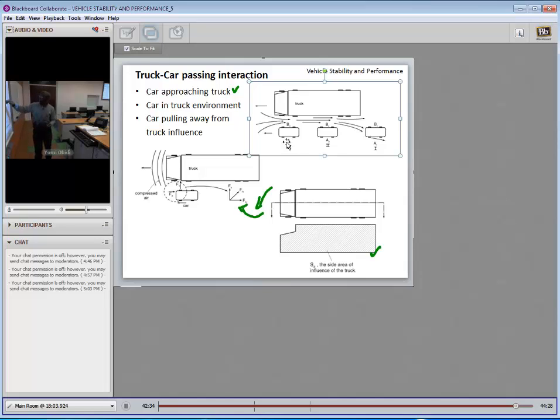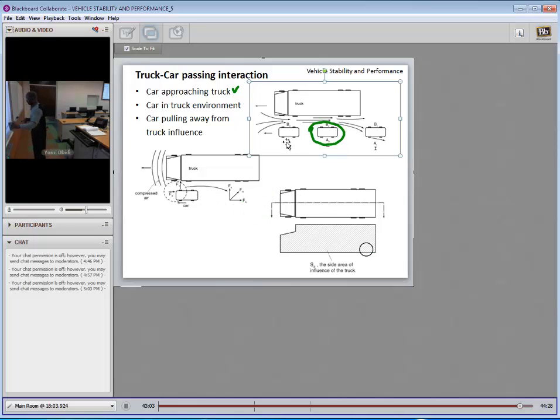Things are a little more stable for the car beside the truck. And as the car passes the truck, the tendency of the dynamics of air in this region is to pull the car towards the truck, and the driver needs to make the effort to steer the car away from the truck to keep a straight way going.